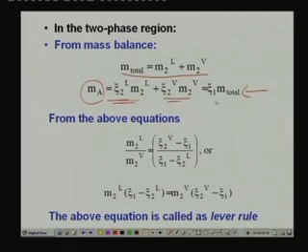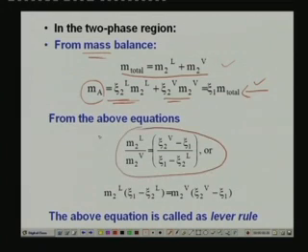So, you can write these two equations from the mass balance. And from these two equations you can eliminate M1, and you can easily show that M2 liquid by M2 vapor is nothing but zeta 2 V minus zeta 1 divided by zeta 1 minus zeta 2 L. Or you can also write this in this form.